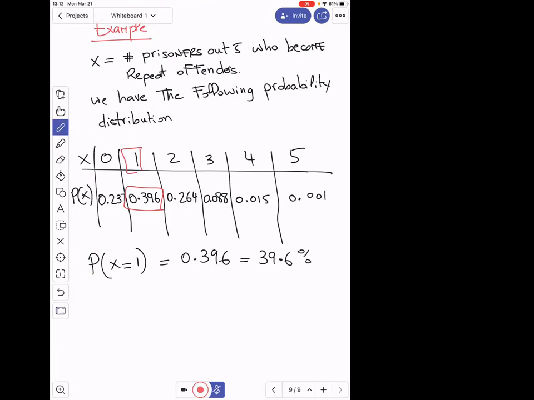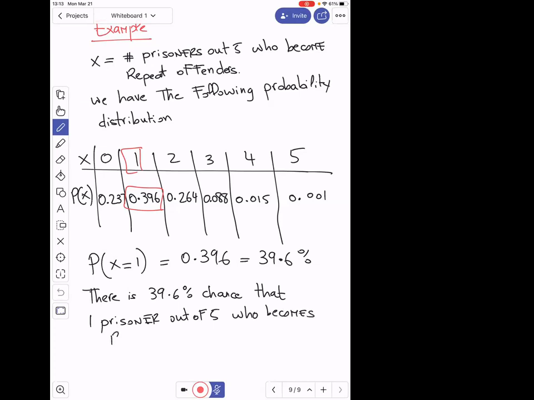So what we are saying is there is a 39.6% chance that one prisoner out of five becomes a repeat offender, right, etc. So that's our probability distribution.